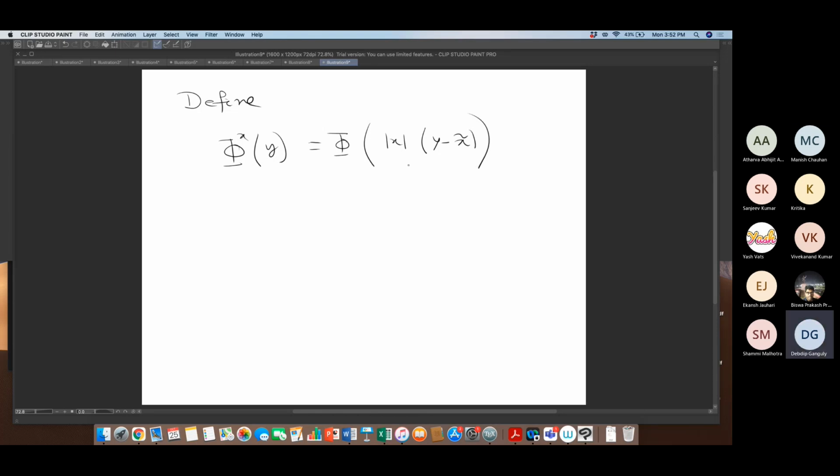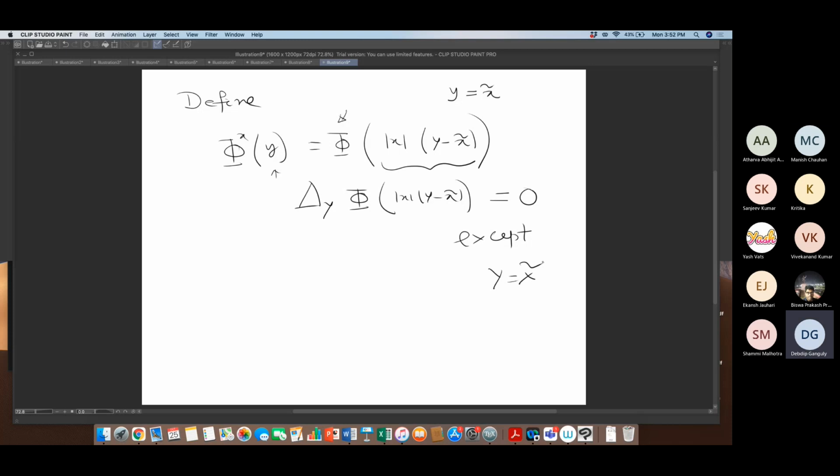You can ask me why I have defined it like this. Is that a harmonic function? As a function of y, where is the problem? This is a fundamental solution, so the problem is only at y equal to x tilde, but y will never be equal to x tilde. Exactly. So Laplacian in y of phi of x, y minus x tilde is always equal to 0 except at y equal to x tilde.